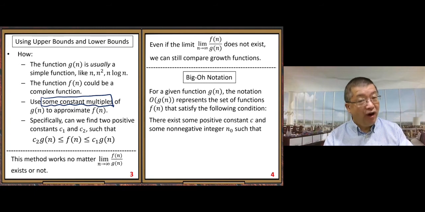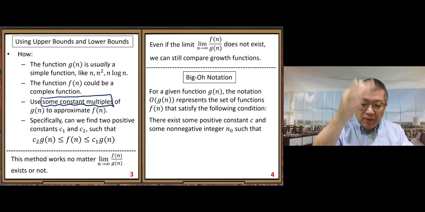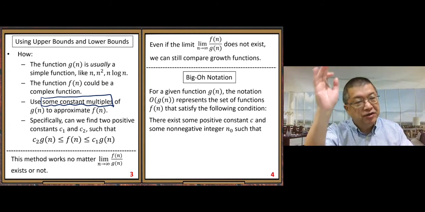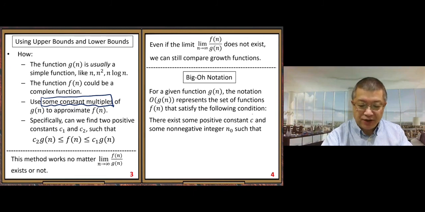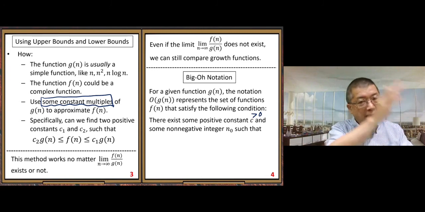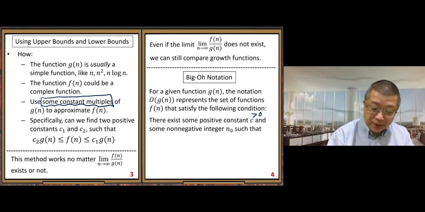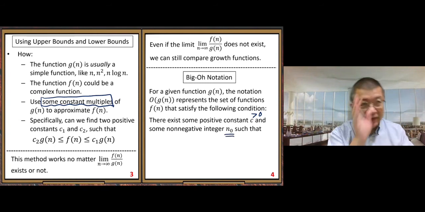This condition is pretty long. Let me explain this long condition. There exists some positive constant c, also positive, and some non-negative integer n0.